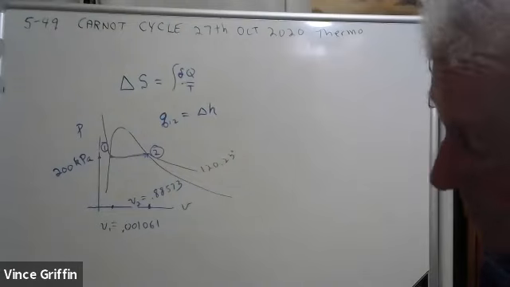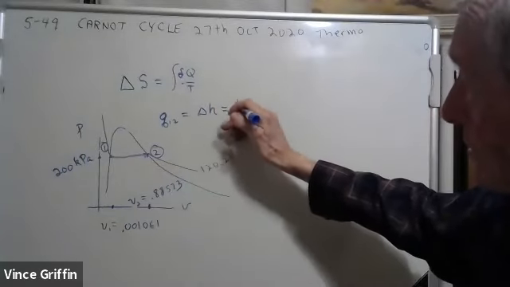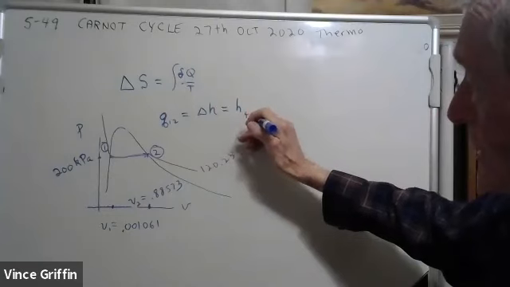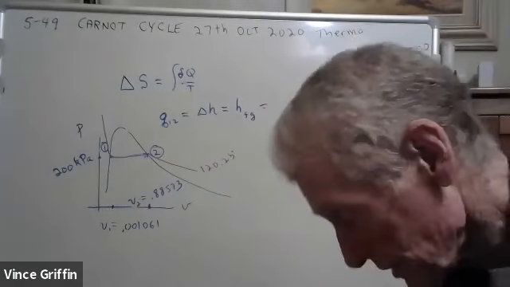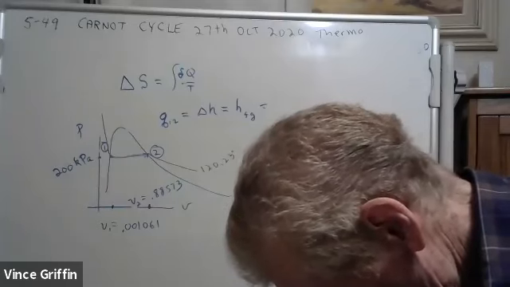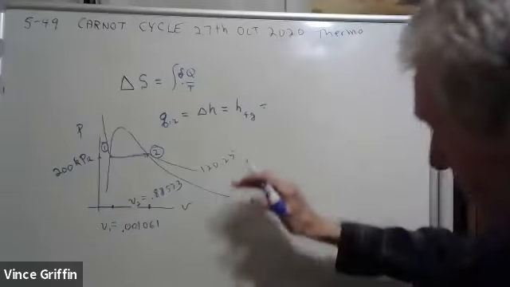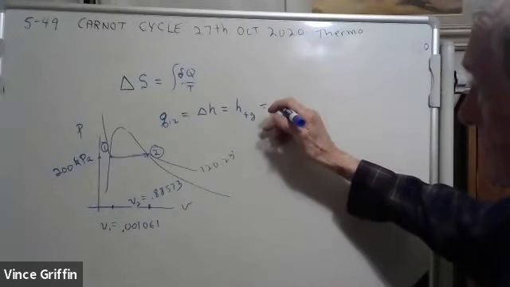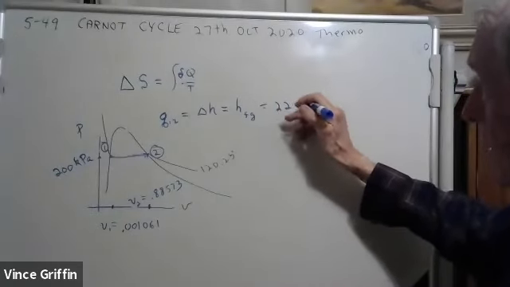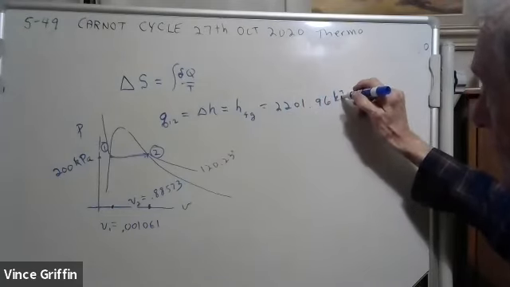That only works for an isobar, but we have an isobar. And in this case, that's just equal to hfg. Well, what's hfg at 200 kilopascals? You tell me. hfg, I got 2201.96. See if you can find that. Kilojoules per kilogram.